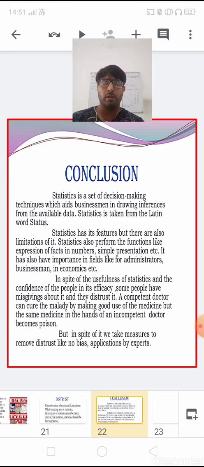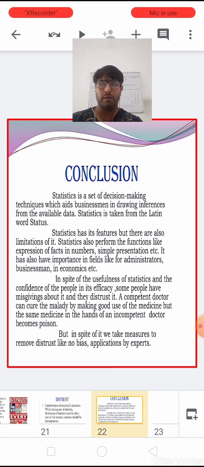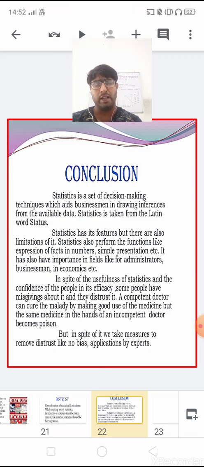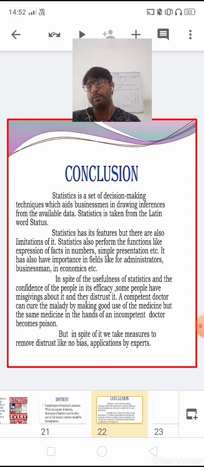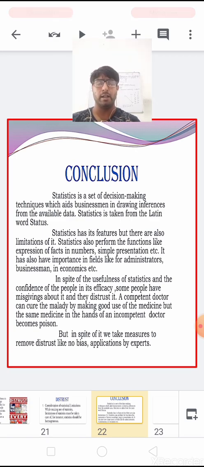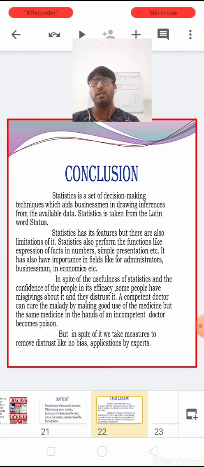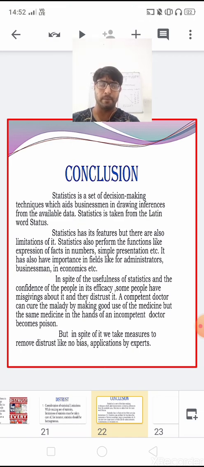So what I'm going to say is that statistical information or data will be meaningful when a person has proper knowledge of how to use this data, and the same will be like poison when an unskilled or inefficient person uses the data. He can destroy various investigations. So it should always be kept safe in the hands of people who have proper knowledge of using the data.